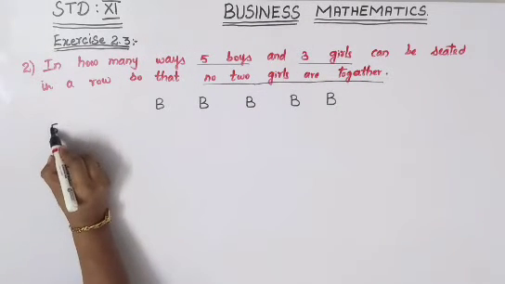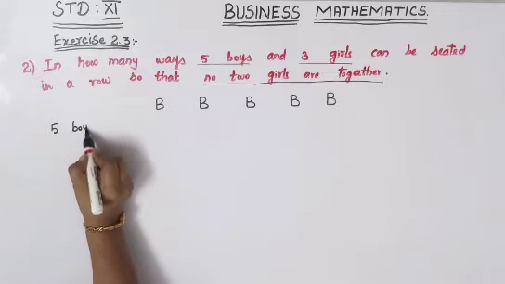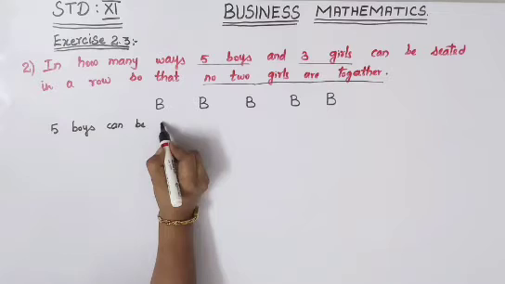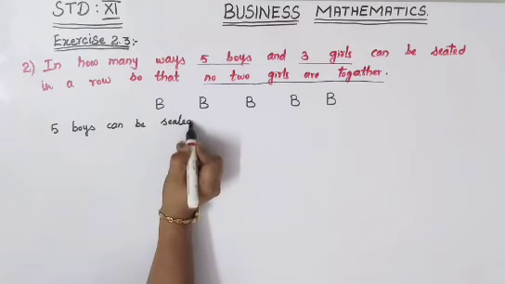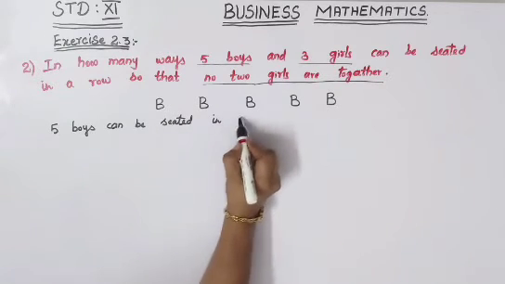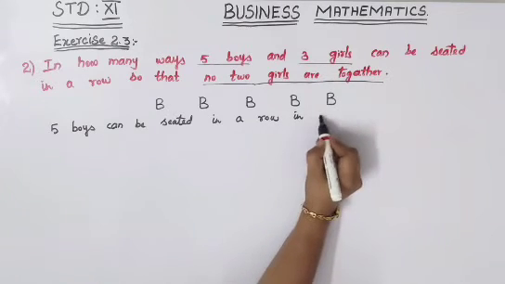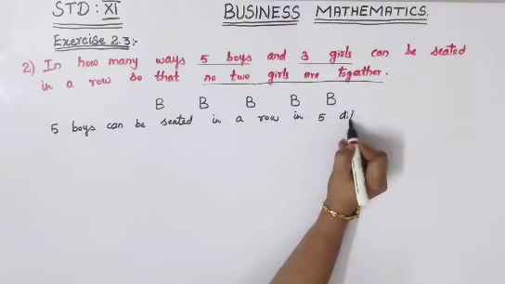5 boys can be seated in a row in 5 different ways.